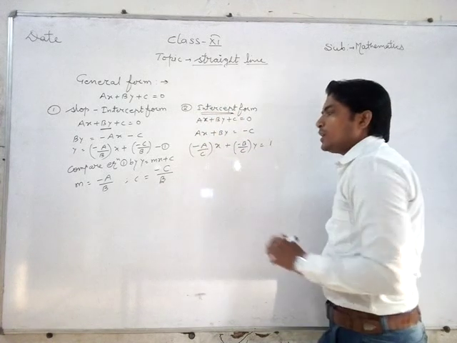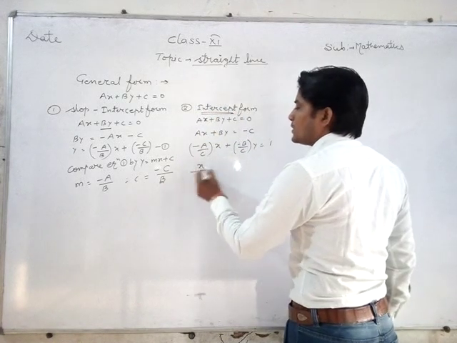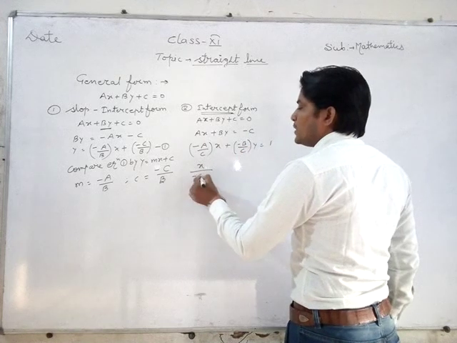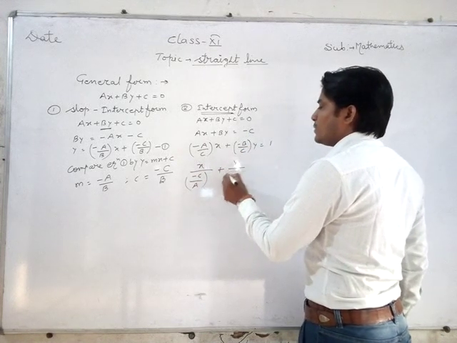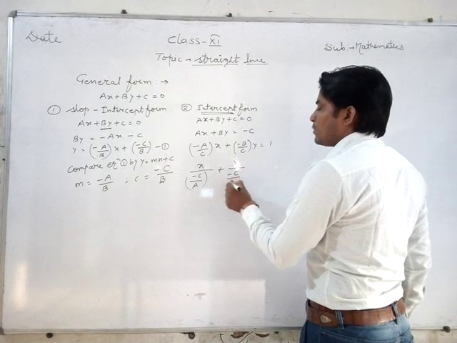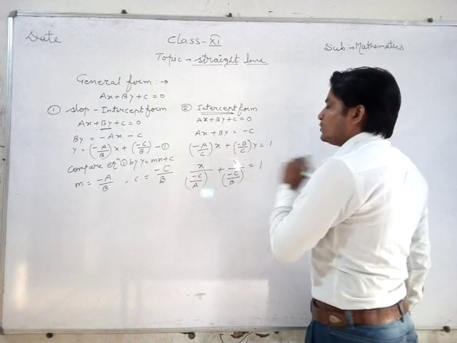So we can write x upon minus c upon a plus y upon minus c upon b equal to 1.